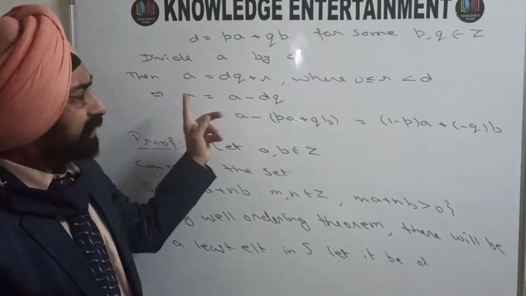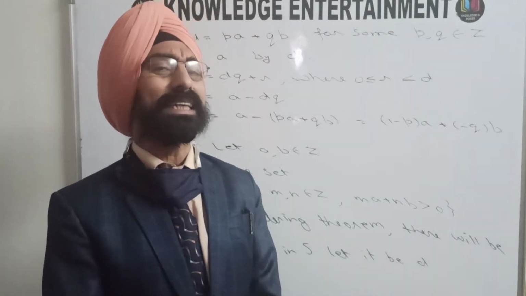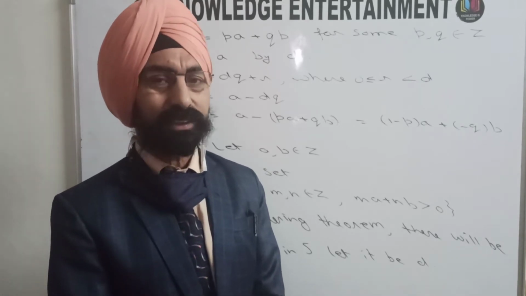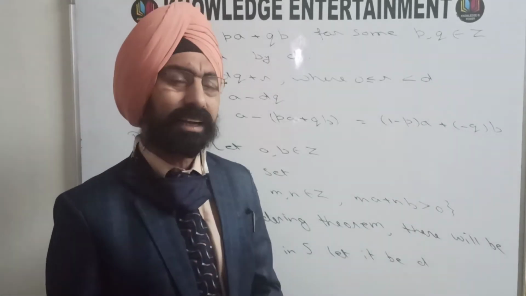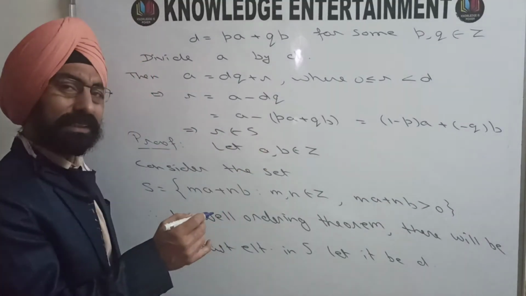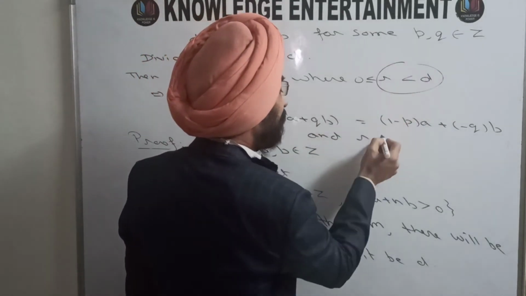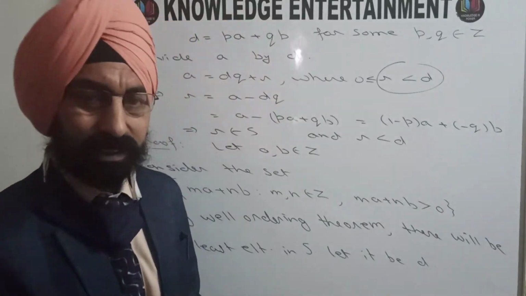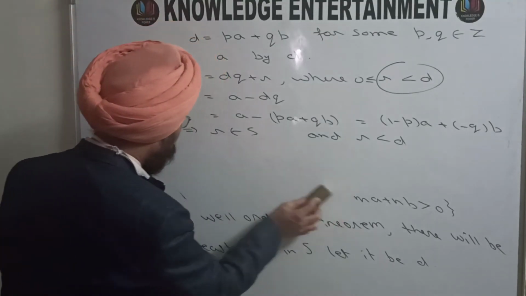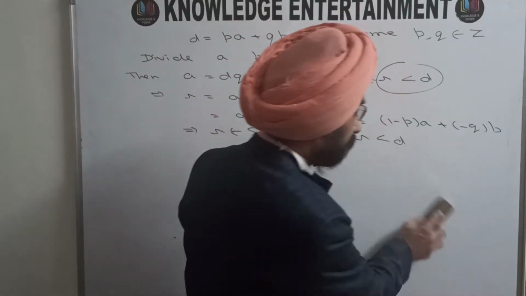Now R is a linear combination of A and B, and all positive linear combinations of A and B are members of S. So R must belong to S, and R is less than D. But by our choice, D is the smallest member of the set S. How is it possible?